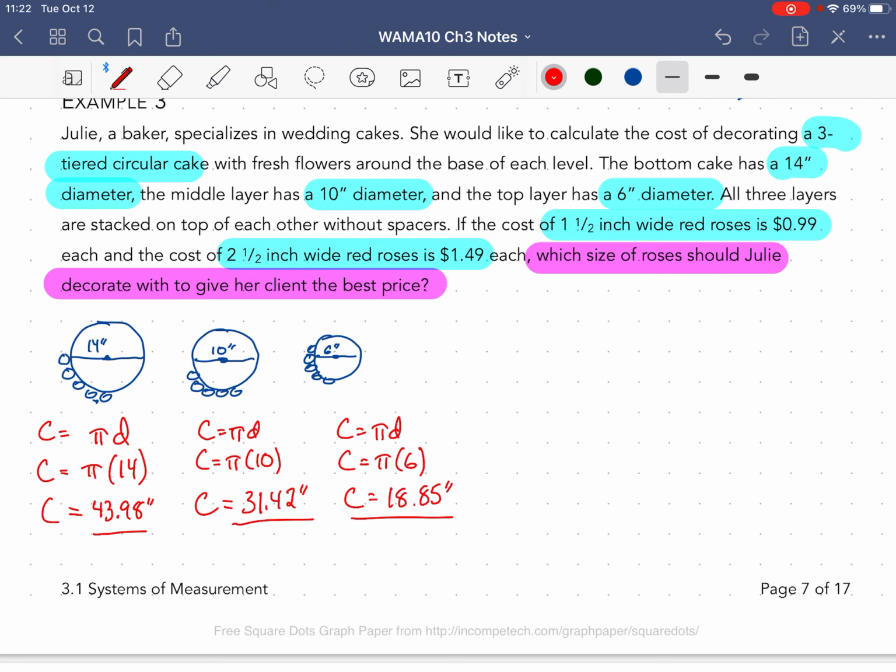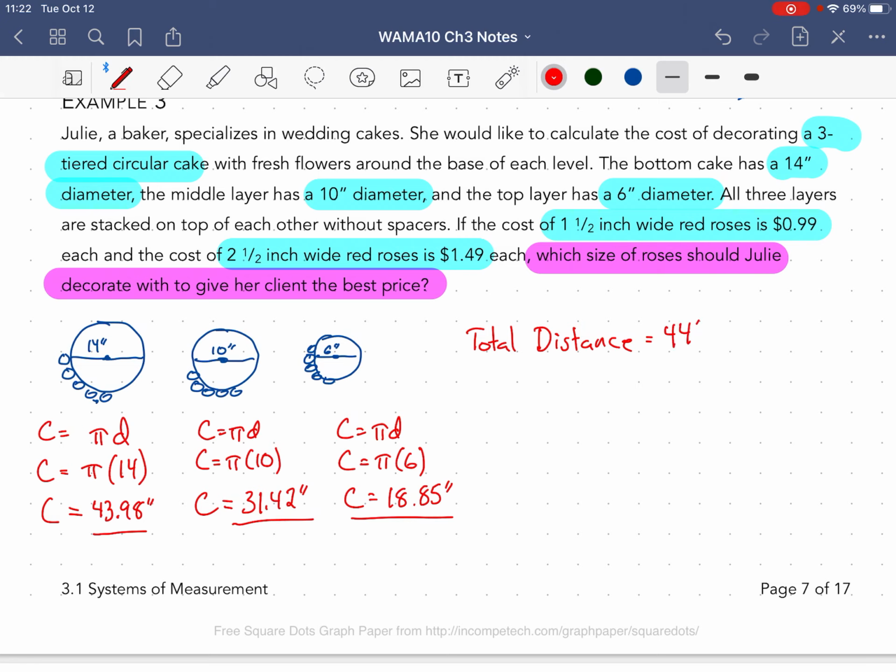So her total distance for putting roses next to each other is going to be, and I'm going to round all of these up. The reason I'm going to round all of them up is because we want to overestimate the number of roses. We don't want to underestimate the number of roses.